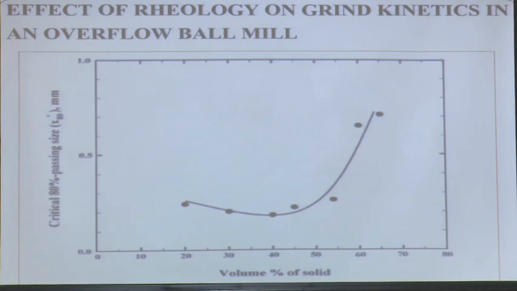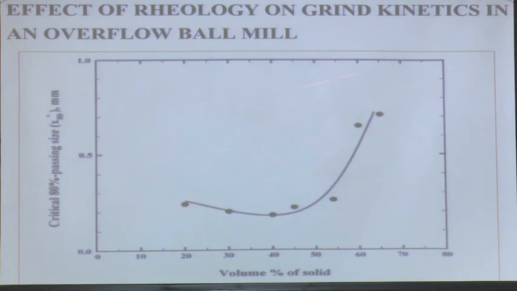It is telling that the critical passing size has a variation with the percent solids volume, you see the curve is here. So from 40 to 45 is the operating percentage solids volume by volume for grinding, because under that condition the size stays finer. Then the moment you go up, it starts going up. That means the grinding rate is retarded both ways. If you go to this side, the grinding rate is retarded and the size is coarser.